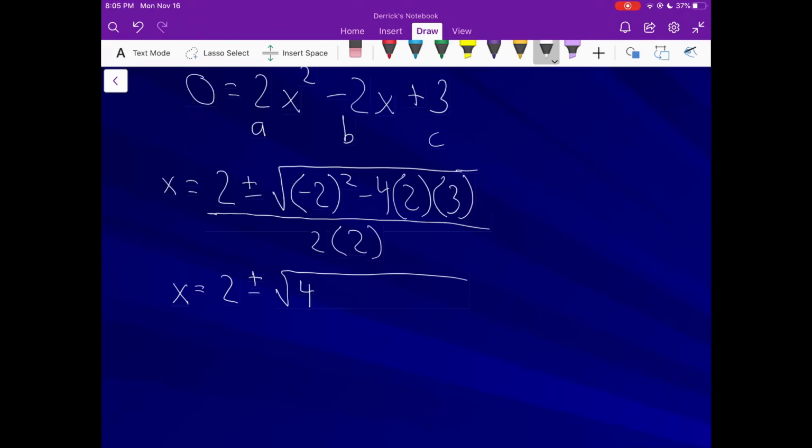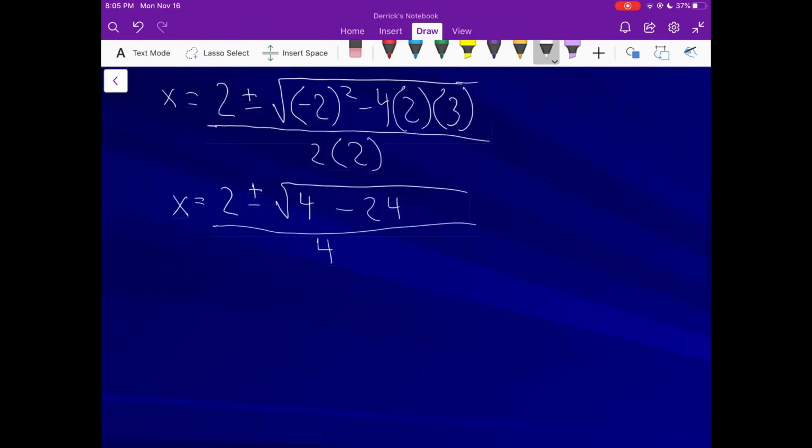Well, -4 times 2 is -8. -8 times 3 would be a -24. And then all of that is being divided by 2 times 2, which is 4. 4 minus 24 would give us 2 plus or minus the square root of -20 over 4.